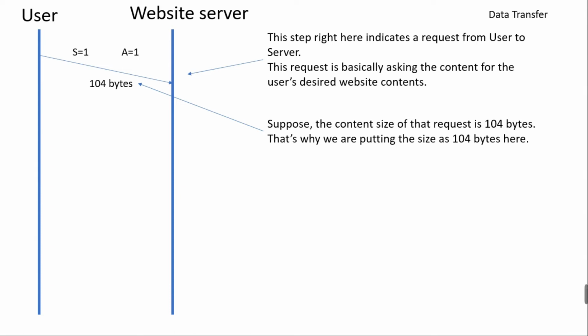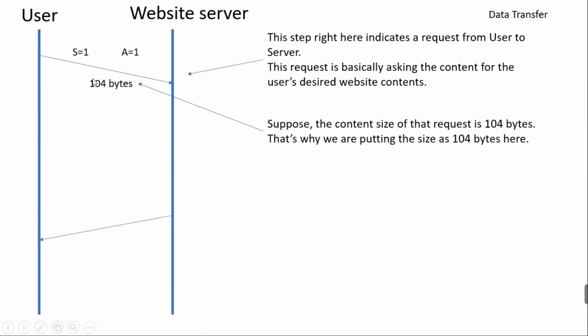Those words or that data will definitely take some size. So the size of that request is 104 bytes. This is just for this example. It will be completely different in a real life scenario, but in our example, let's just consider that the size of that request is 104 bytes. Let's check what happens next.